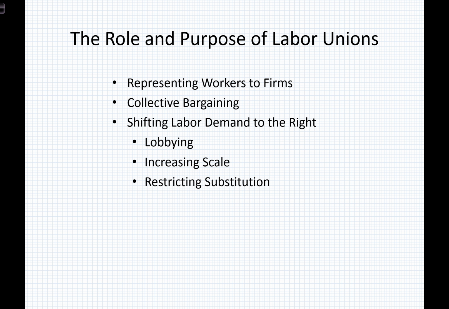They really are seeking to shift the labor demand curve to the right. Think about this for a moment. If we have our typical labor supply and labor demand relationship in a wage and labor environment, so labor demand and labor supply, giving us some W star and some L star.